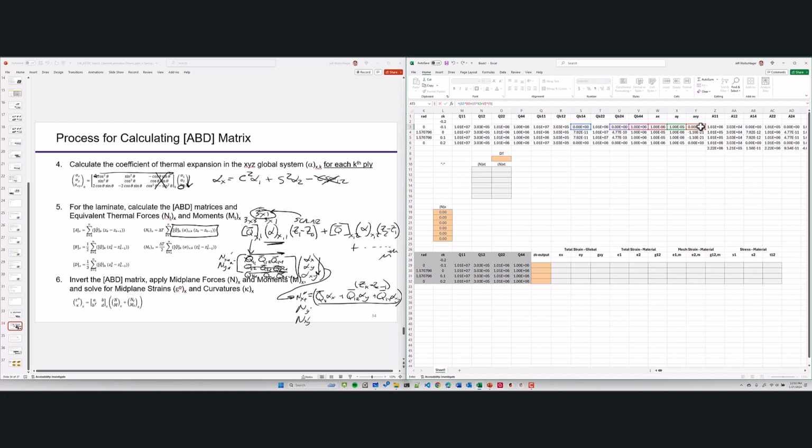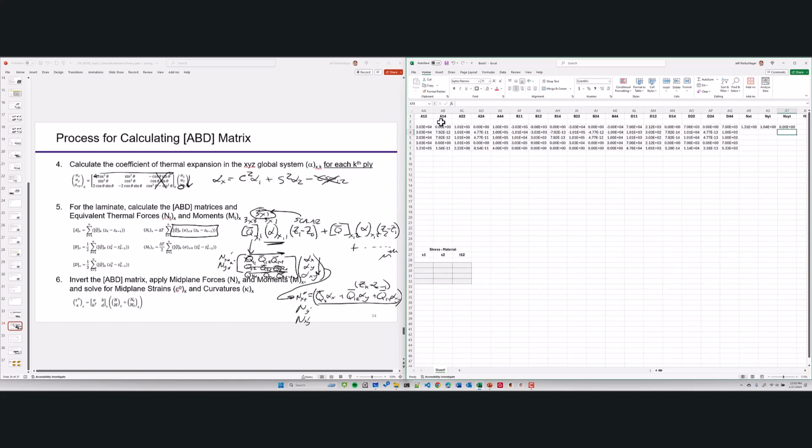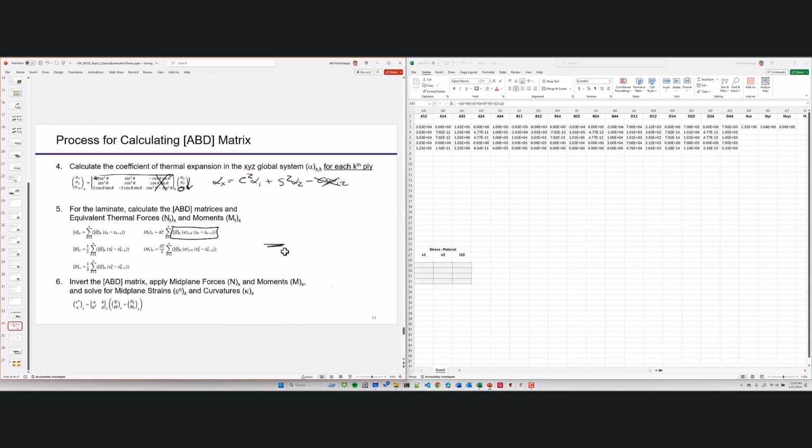And hopefully at the end of all this, I'll check to make sure that I haven't made a typing mistake. I do make typing mistakes, but we'll check just to make sure. Okay, now I've got my nxy. Perfect.